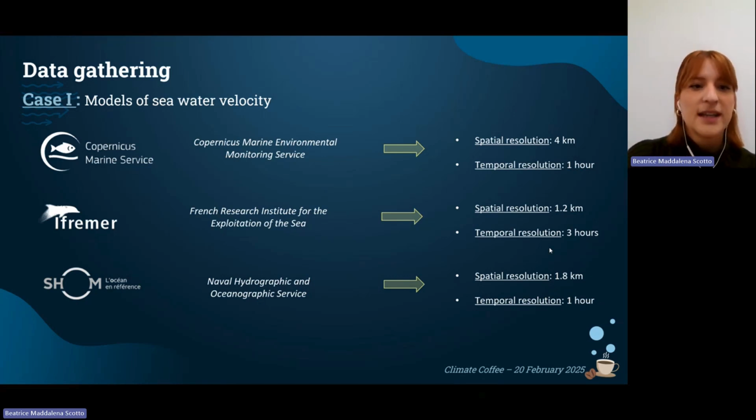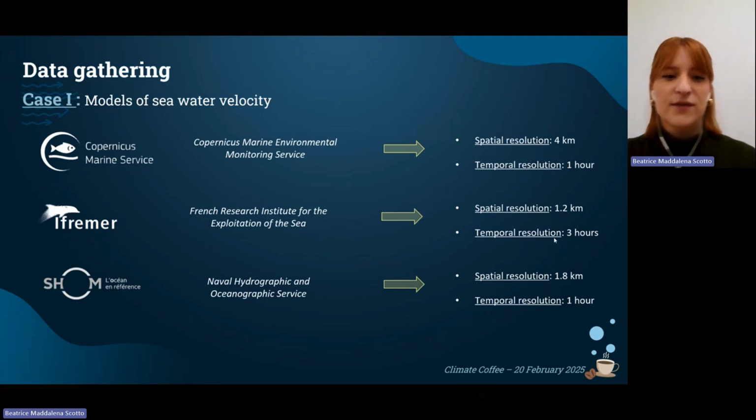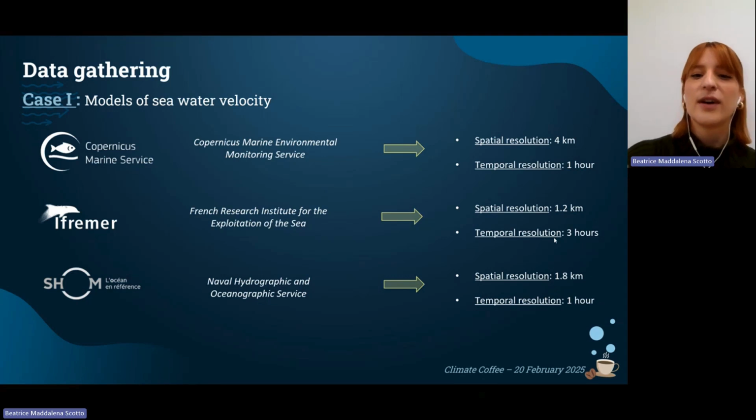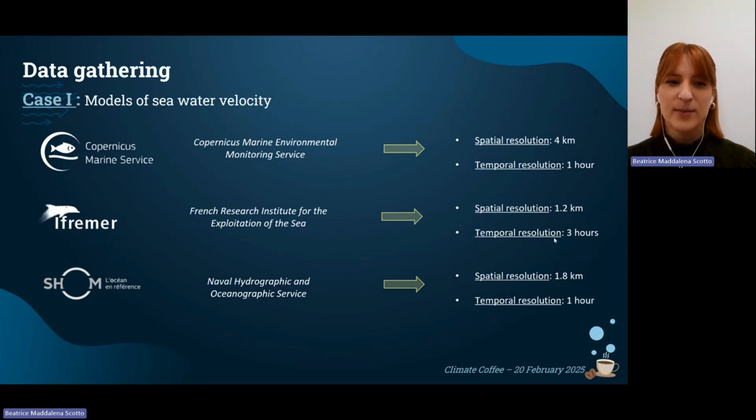The first model is the Copernicus Marine, which we will call CMEMS. The second one is the Ifremer, from the French Research Institute for the Exploitation of the Sea, and then the Shom, which is from the Naval Hydrographic and Oceanographic Service. Note that these three models have different spatial resolution, one from the other, and also one of them has a different temporal resolution.